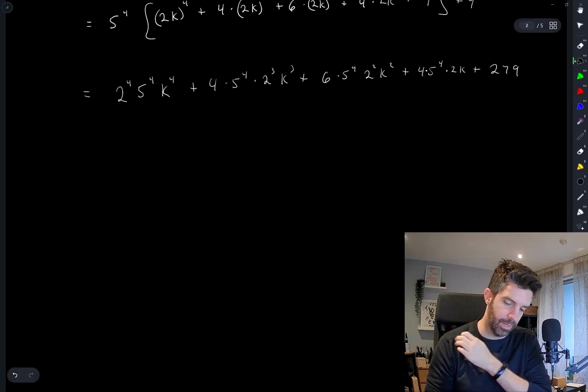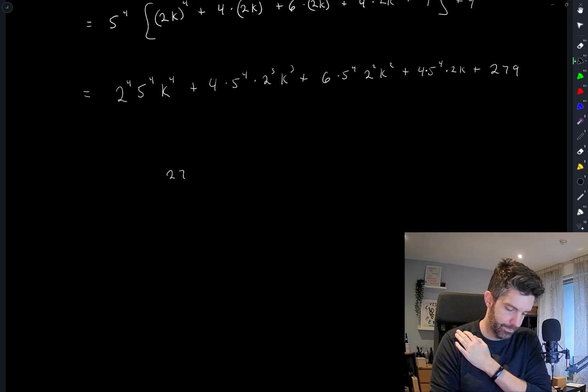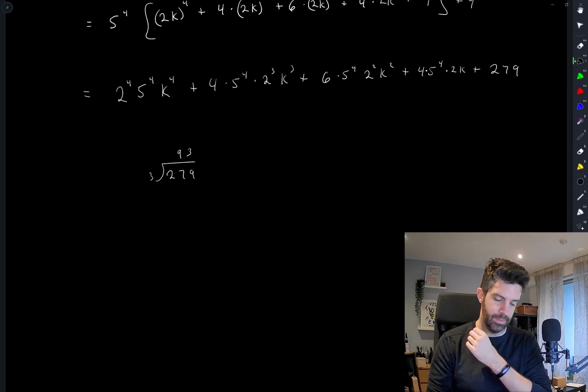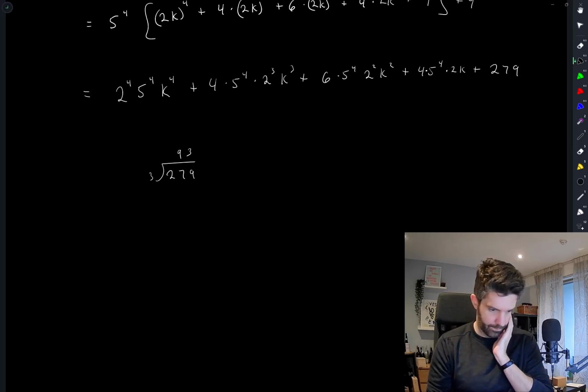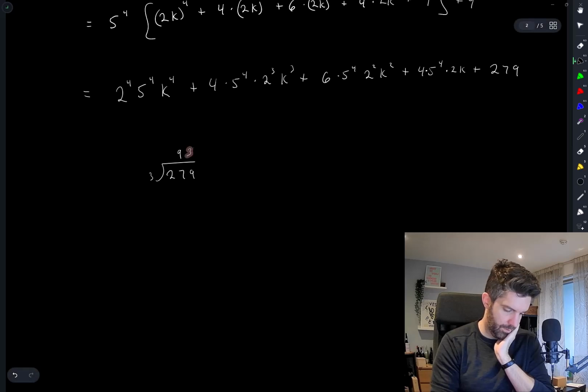What is 279 divided by 3? 93. What? Yeah, 93 times 3.